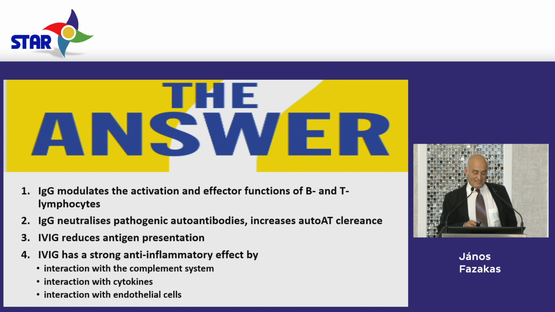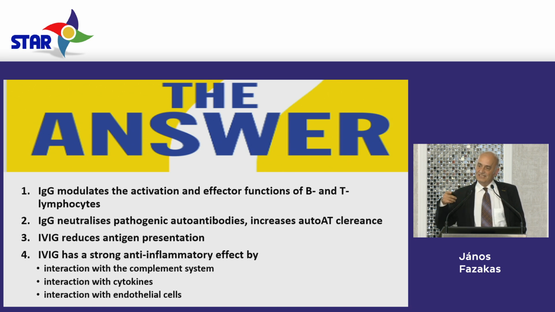So the answer is that IgG can modulate the activation and the effector function of the B and T lymphocytes, can help us to neutralize pathogenic autoantibodies, in my opinion even in bacterial sepsis, not only in a viral sepsis such as COVID.